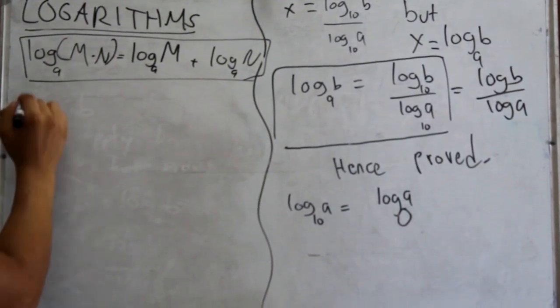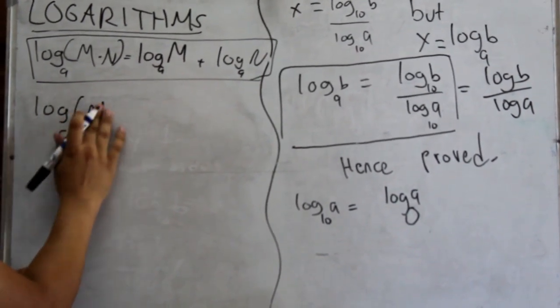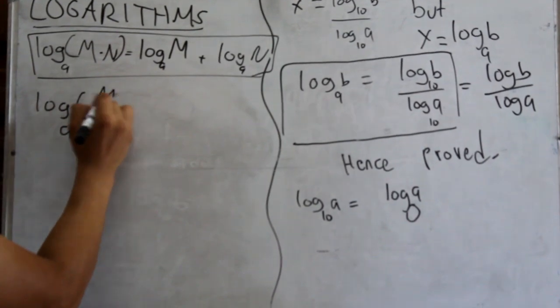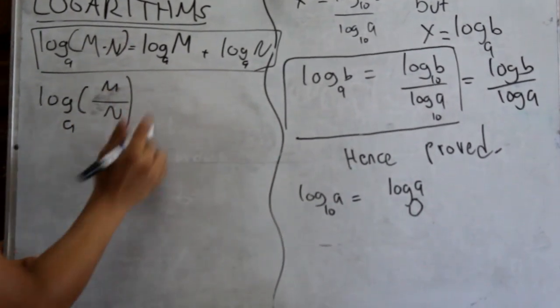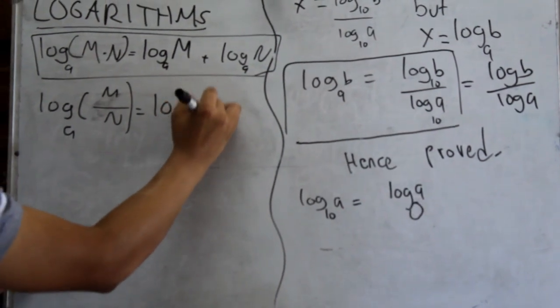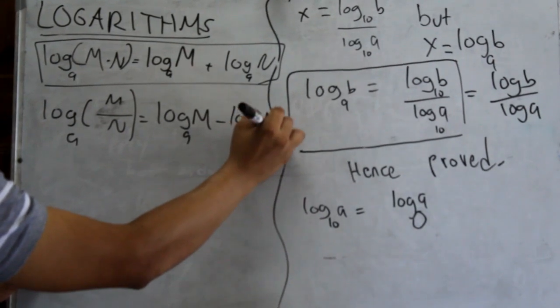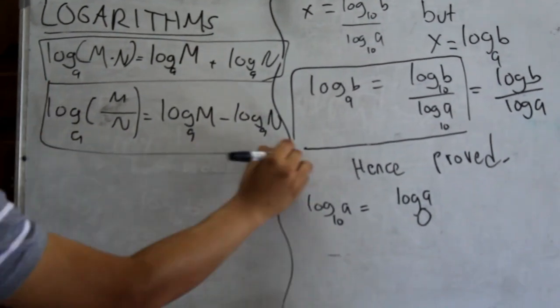There is another rule that says that if I have logarithm base a of m divided by n, it is going to be logarithm base a of m minus logarithm base a of n. So guys, this is the other rule you should know.